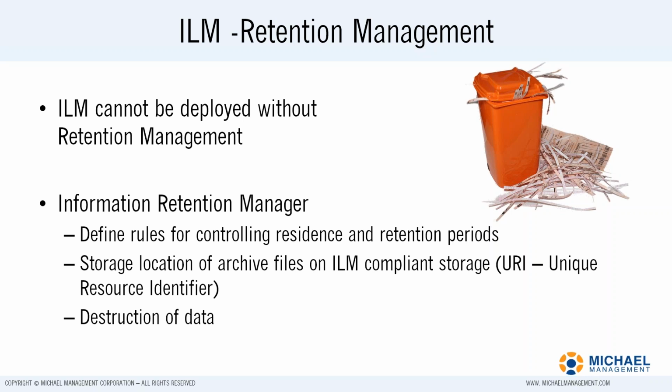When it gets written to that medium, it says, okay, I need to keep this for 3 years. Another file comes in and it's qualified and it says, okay, I need to keep this one for 5 years, and so on. So it happens ad hoc during runtime. Finally, once those times have elapsed, there's the possibility to actually destroy the data once the archive file has met the retention time.